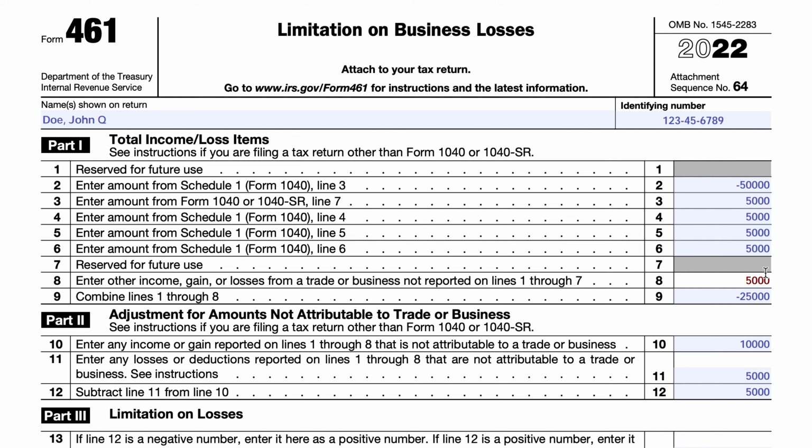So we put in a placeholder of $5,000 just to fill in that space, but there's no specific examples of types of income that you would put in line 8. So in line 9, you're going to combine lines 1 through 8. So in this case, we started with a $50,000 loss. After all of the other income, it's now a $25,000 loss.